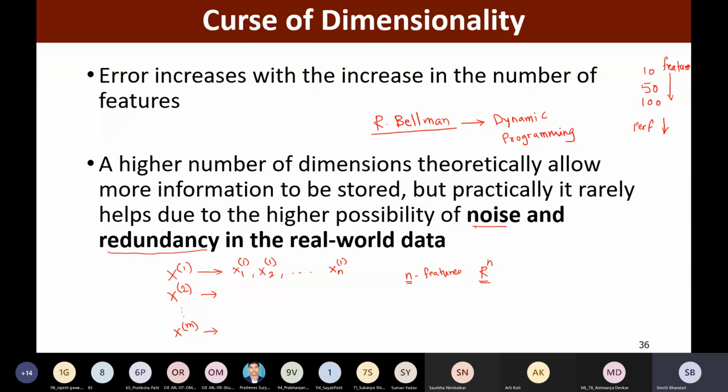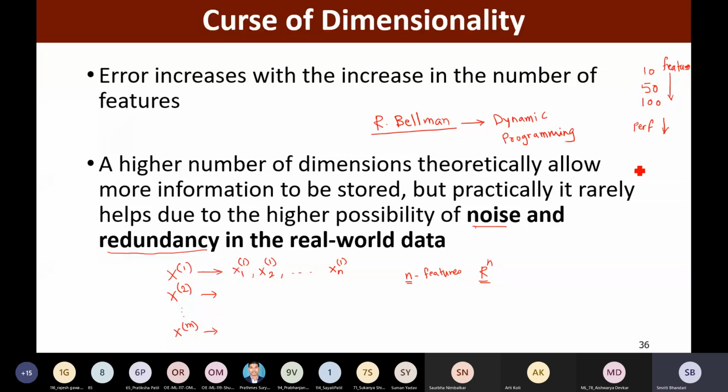According to him, the curse of dimensionality is the problem caused by the exponential increase in volume associated with adding extra dimensions to the Euclidean space.